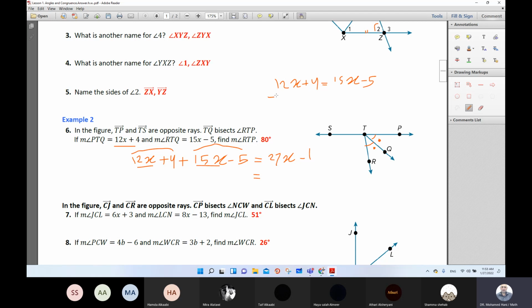We can subtract 12x from the two sides. 12x minus 12x will be 0. Remains here 4 equals 15 minus 12 will be 3x minus 5. Then we can remove minus 5 from here. You can add 5 to the two sides.